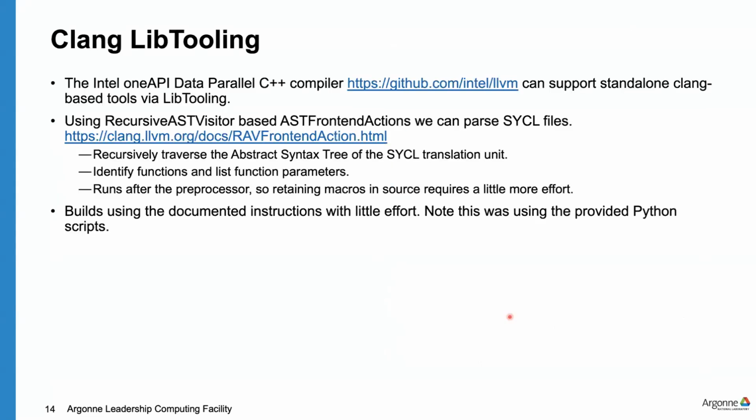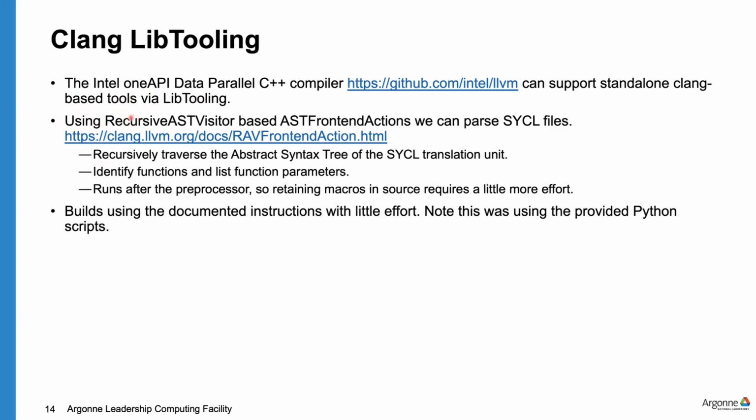To accomplish this, we have a tool that we created that's part of Clang LibTooling. Here we're using the public version of Intel's DPC++ compiler, which is similar to the Clang release and supports standalone Clang-based tools via LibTooling.